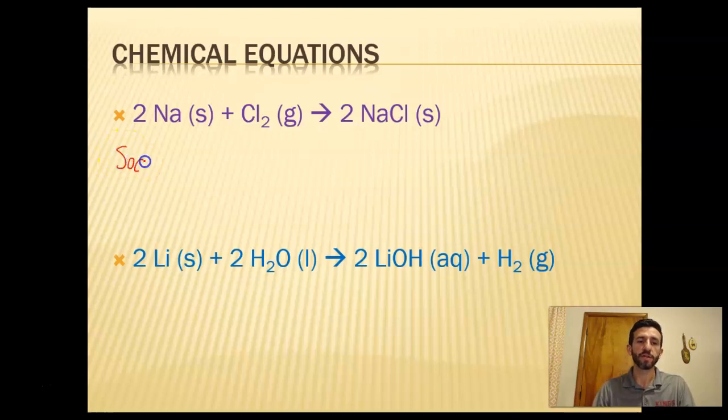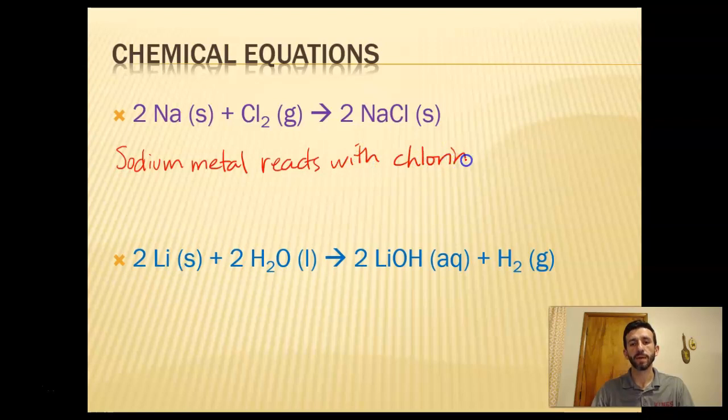But here, for example, I'm going to say sodium metal, or we could say solid sodium, okay, reacts with chlorine gas to yield, which is the same thing as to produce or to form. All those words mean the same thing.